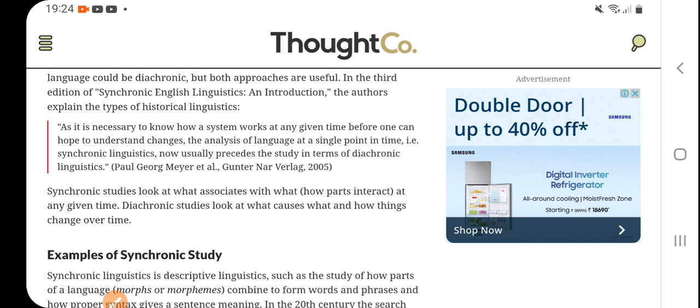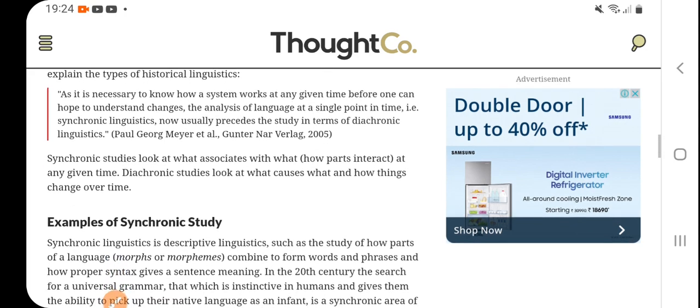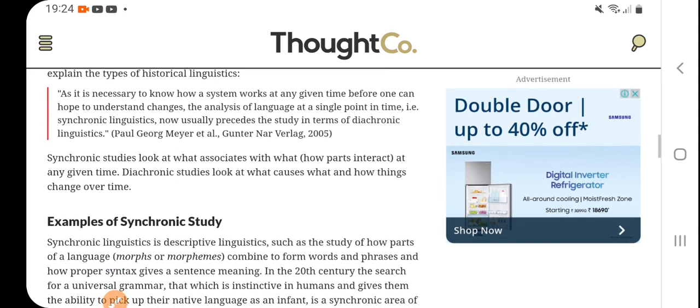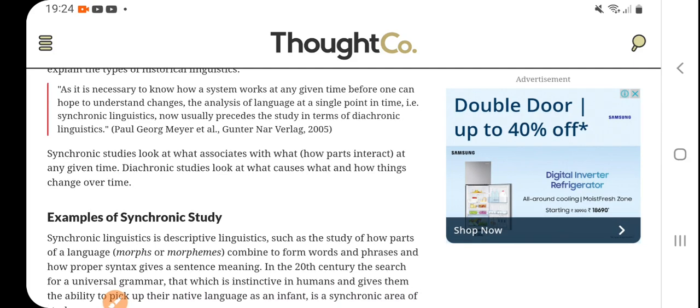In the third edition of Synchronic English Linguistics: An Introduction, the authors explained the types of linguistics: it is necessary to know how a system works at any given time before one can hope to understand changes. The analysis of language at a single point in time, synchronic linguistics, now usually precedes the study of diachronic linguistics.